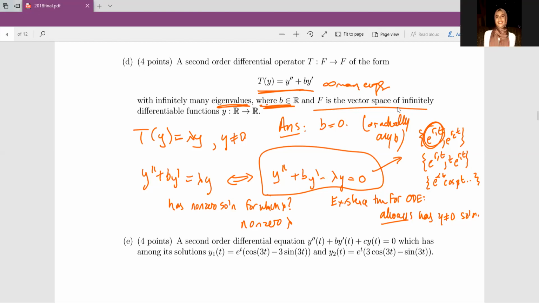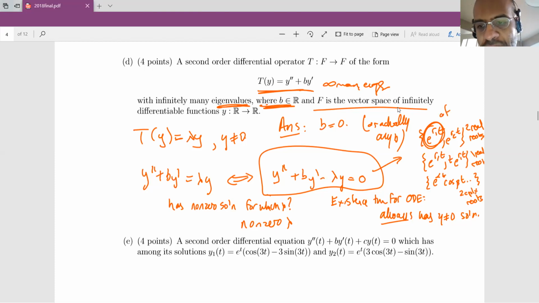Yeah. That's actually not true, right? This is when there are two real roots. This is when there's one real root. And this is when there are two complex roots of the auxiliary equation. So whether or not it's exponential is determined by whether the roots are real or not.